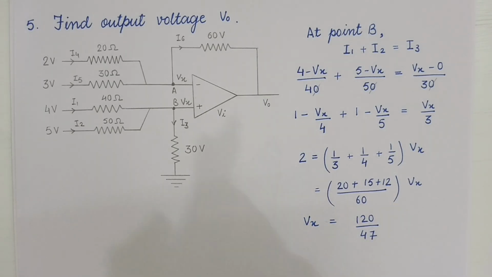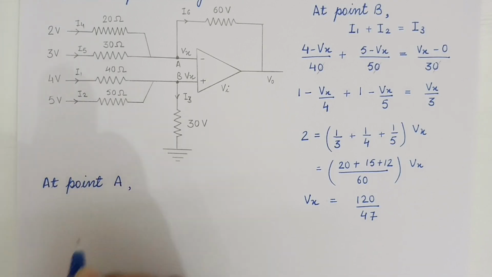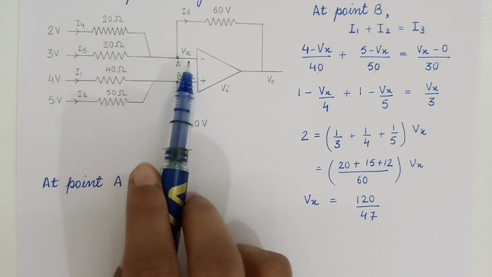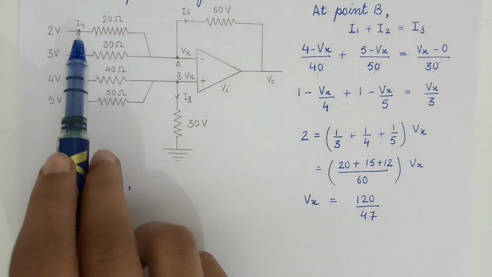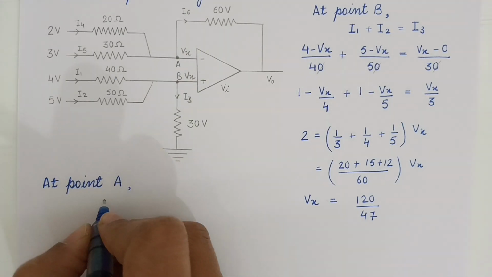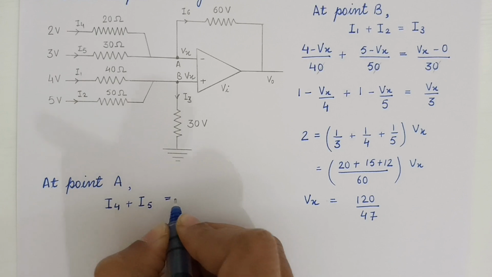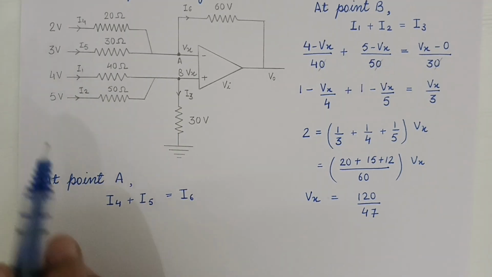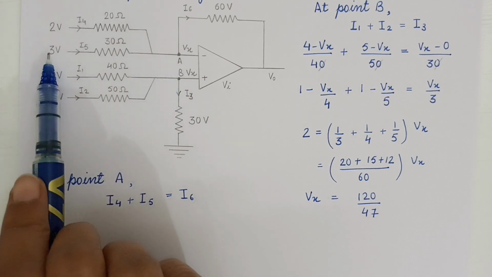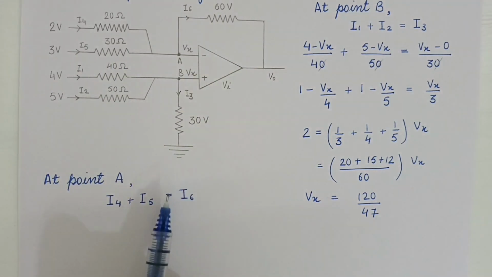Now let's solve for point A. So at point A, the incoming currents are I4 plus I5, which is equal to I6. So 2 minus Vx for I4, 3 minus Vx for I5 and Vx minus V0 for I6.